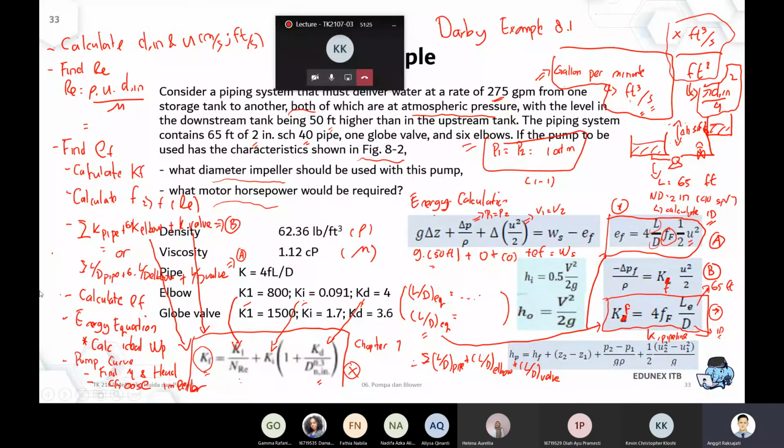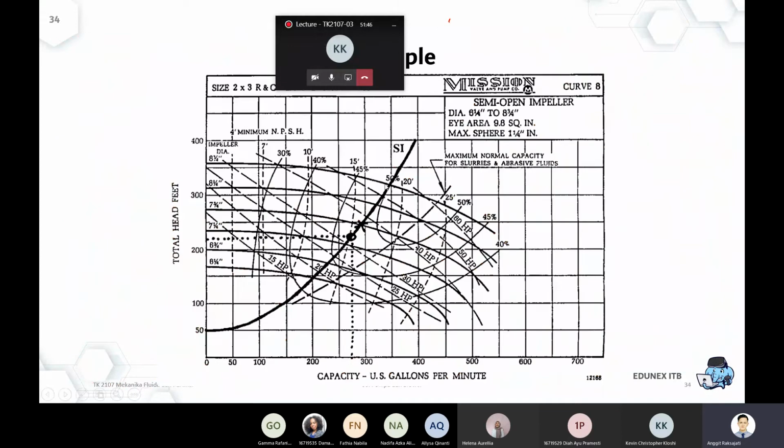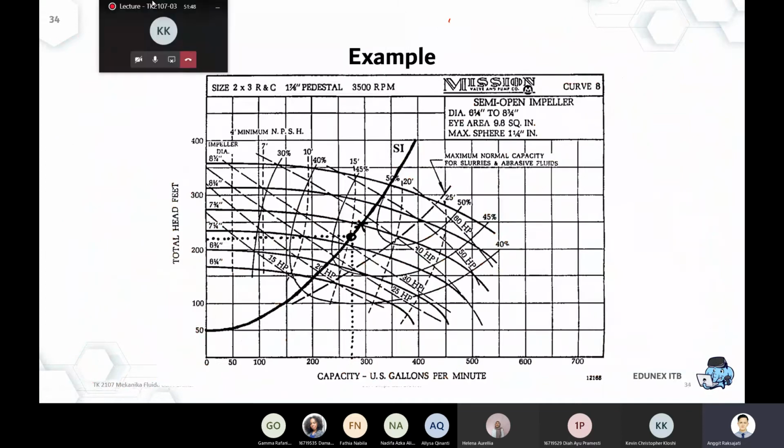Okay, and then again horsepower, that's the watt, right? That's the power. So for the work of the pump, later you will have to calculate the ideal work divided by the efficiency, and the efficiency is gathered from the pump curve. Okay, this is the pump curve that we use.